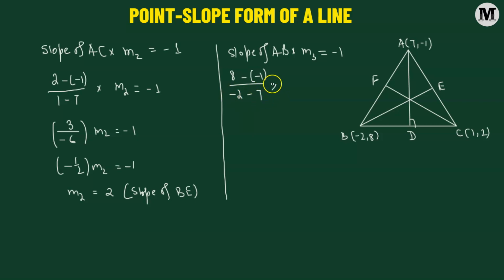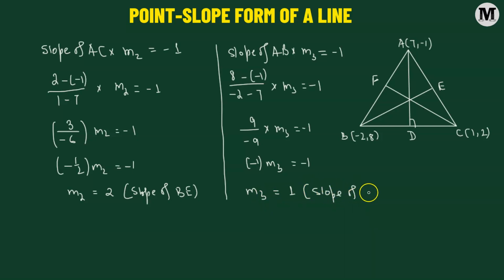So this will be times M3 equals -1. So 8 minus -1, that's 9, divided by -2 minus 7, that's -9. So we get -1 times M3 equals -1, or M3 comes out to be equal to +1. So that's going to be the slope of our third altitude CF.